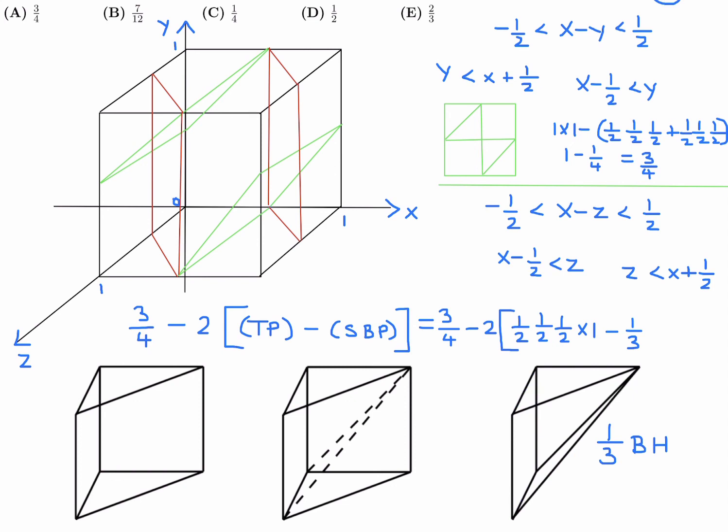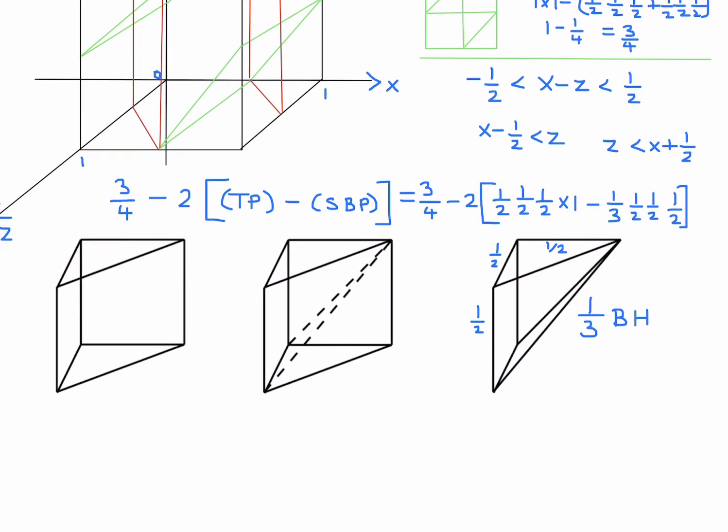And the dimensions of that square are 1/2 and 1/2. So the area would just be 1/2 times 1/2. And then the height is from here to here, and that is also 1/2. So there we go. We have this question done.